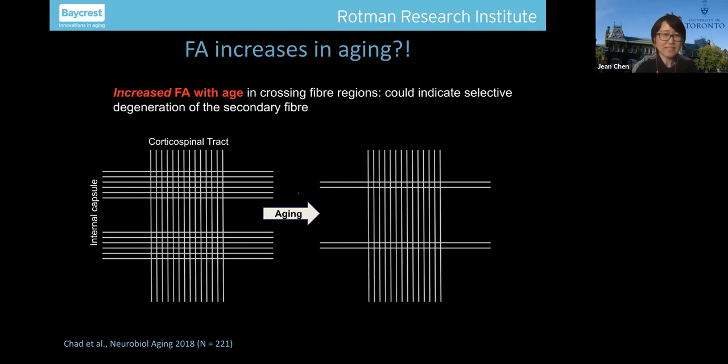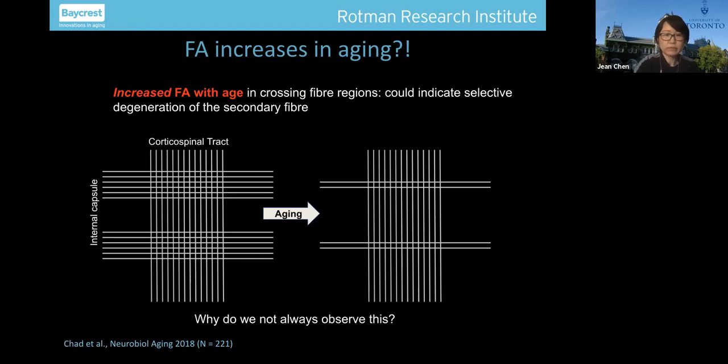But if, say, one of these tracts, the secondary tract in this case, degenerates first, then over this entire voxel, we're going to perceive that the fractional anisotropy has actually increased because now we have more of this primary tract remaining. So this was in my PhD student Jordan's 2018 paper.